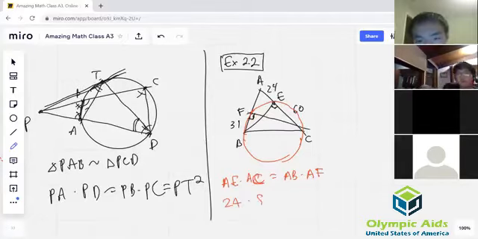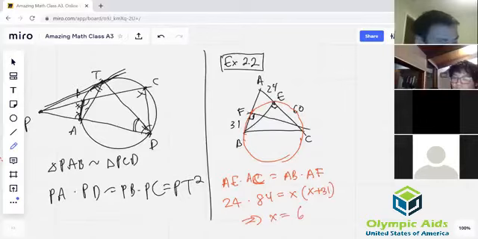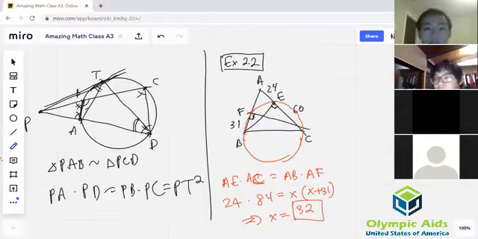AC is 84. And we know that's equal to AB times AF. Let's call AF x, and we'll call AB x plus 31. If you solve this quadratic equation, you'll get that x equals 32. So that's one simple application. And here the circle is kind of hidden, so you kind of have to figure that out.